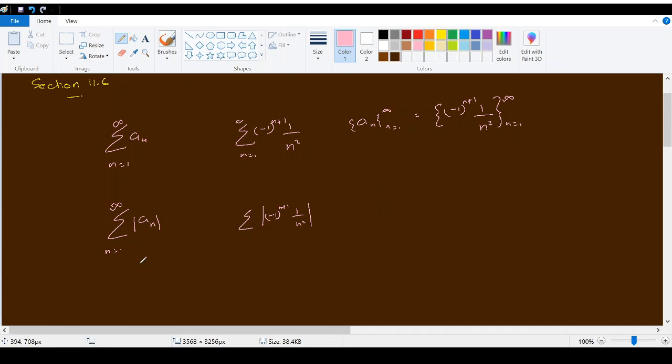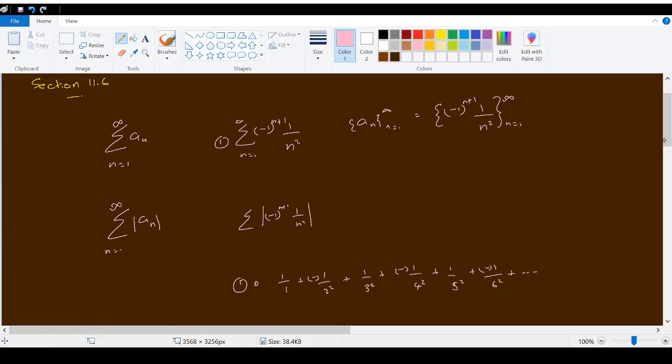The new terms of the series will be the absolute values of the previous ones. Now if we expand the first one, it will be equal to 1 over 1 minus 1 over 2 squared plus 1 over 3 squared minus 1 over 4 squared, and likewise, 1 over 5 squared. For all the odd numbers you will get plus values, and for all the even numbers it comes with the negative sign.